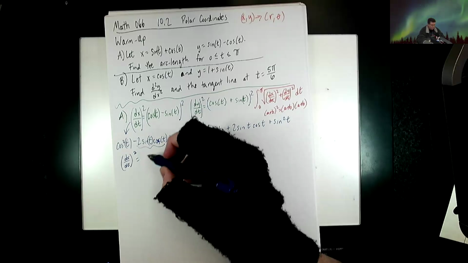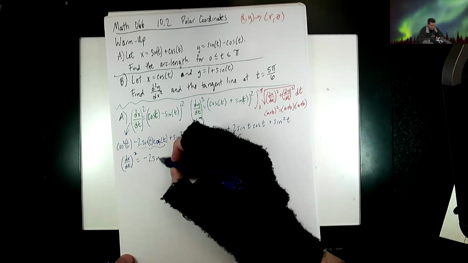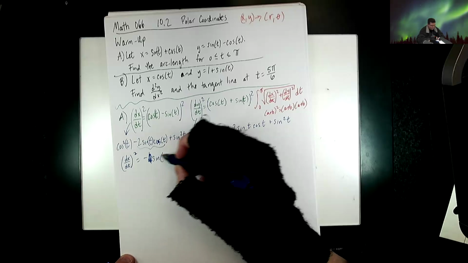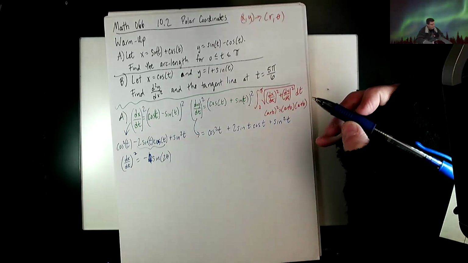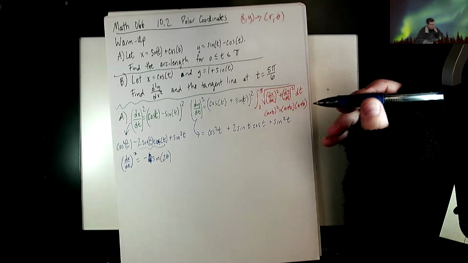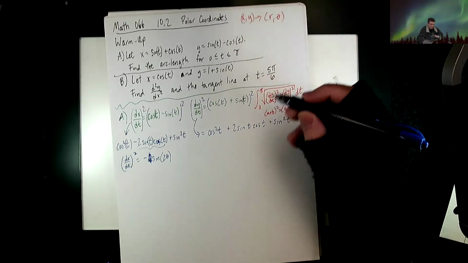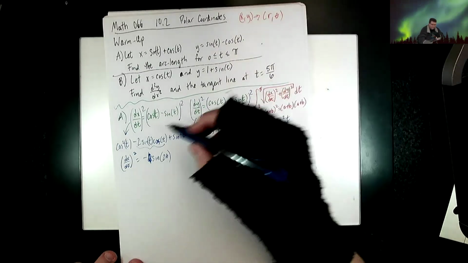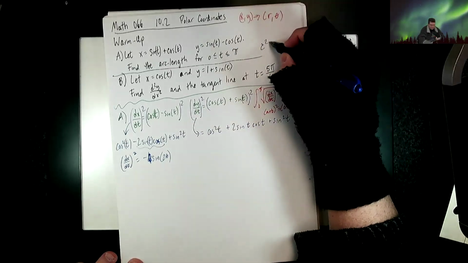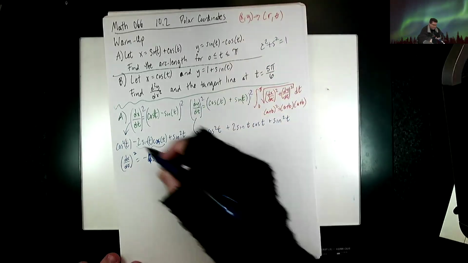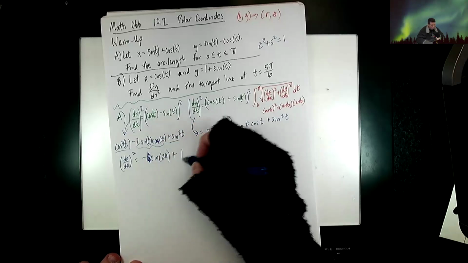It turns into negative sine 2 theta. But what about cosine squared and sine squared? Oh, y'all don't remember. Cosine squared plus sine squared is 1. So those turn into a 1.